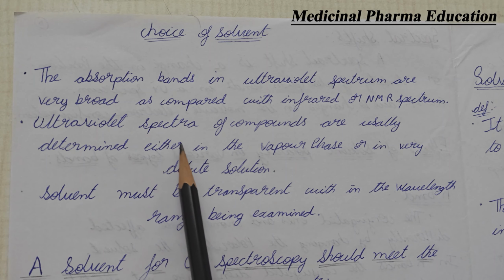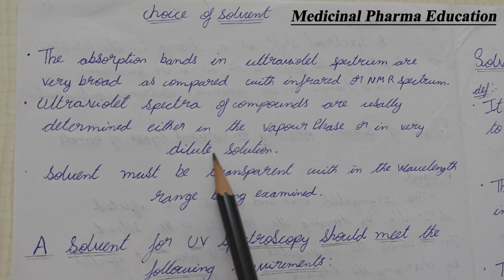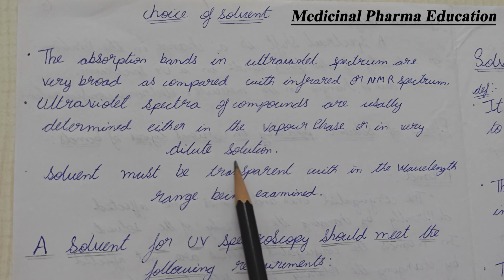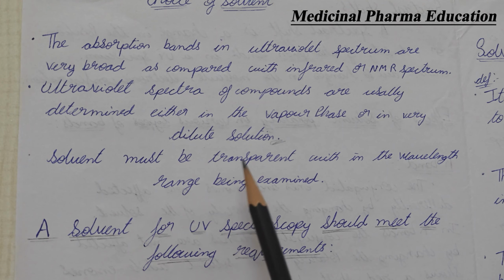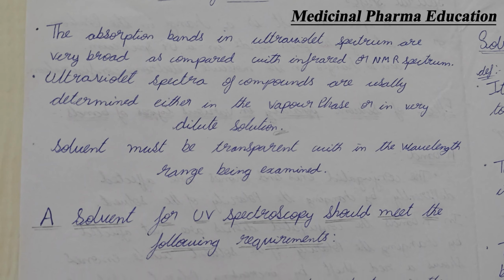See, in the ultraviolet spectrum, compounds are analyzed in the vapor phase or in very dilute solutions. You know that the samples which we use are very dilute solutions to analyze in the ultraviolet spectrum.